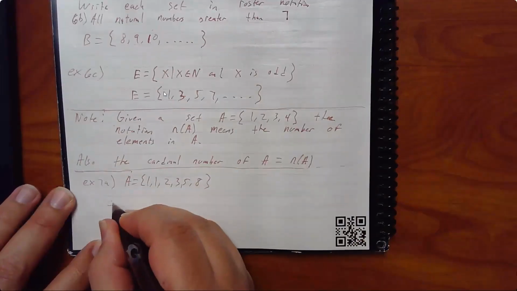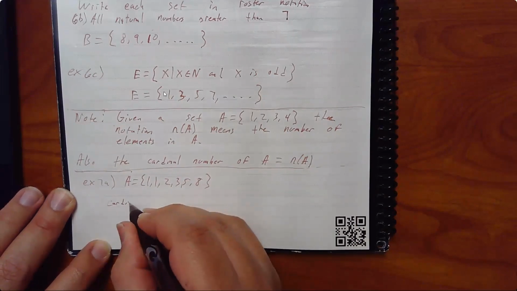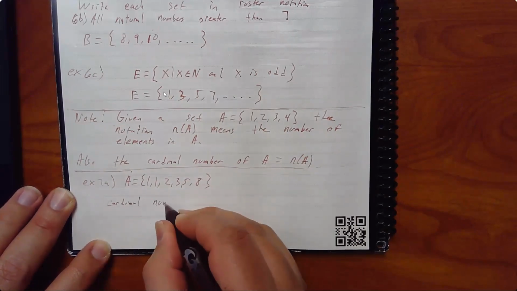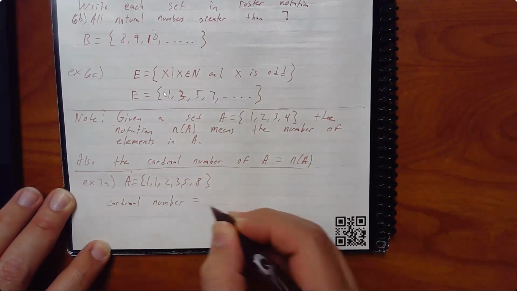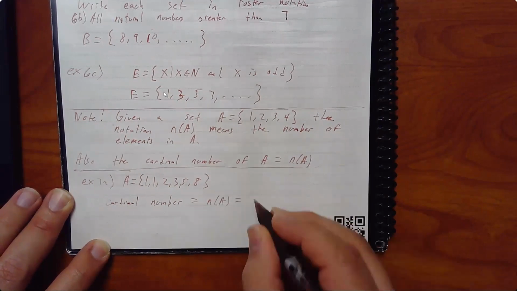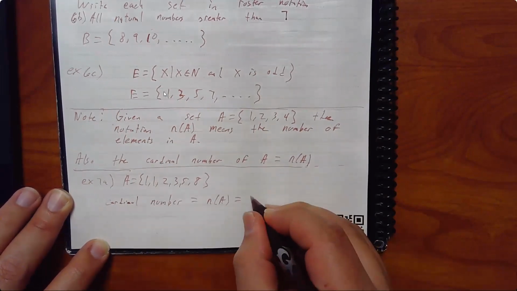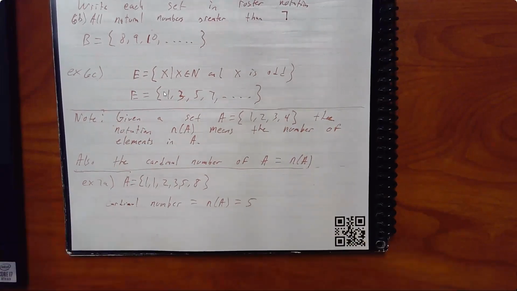So the cardinal number is equal to the number of elements in A, which is 5. That's it.